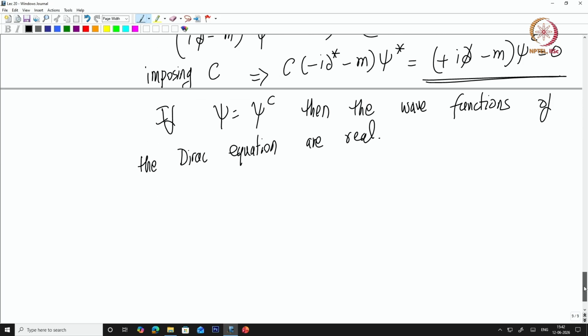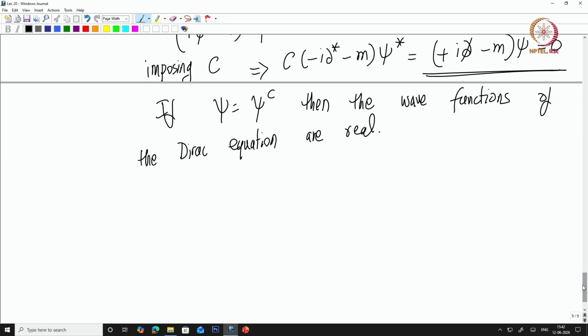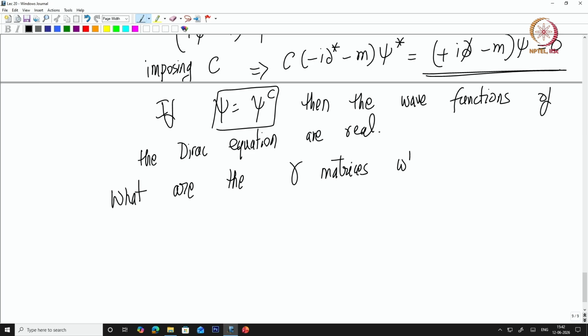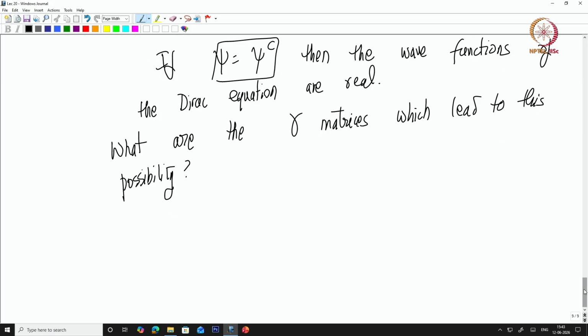So, this gives me this condition. What are the gamma matrices which lead to this possibility? This is called the Majorana basis. What is the gamma matrix basis in which this is possible?